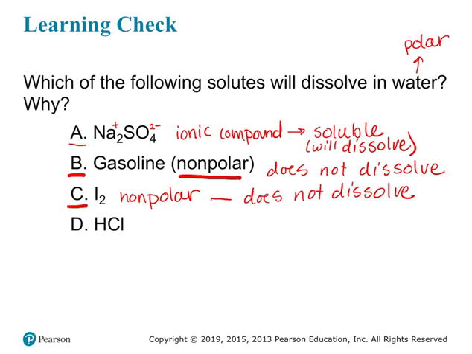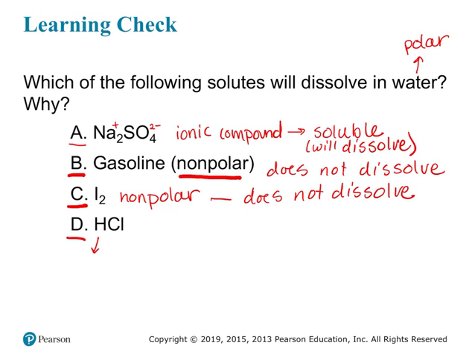All right, what about D, HCl? We have hydrochloric acid. Is this an ionic compound, a polar compound, or a nonpolar compound? This one we need the electronegativity chart for. So on a quiz, I would give you the electronegativity chart.